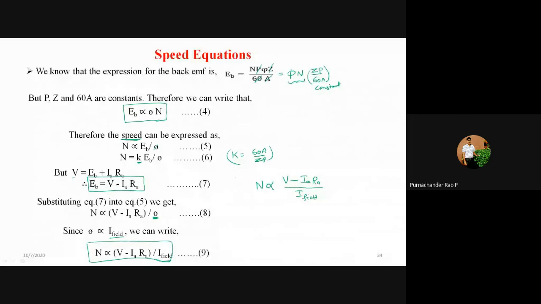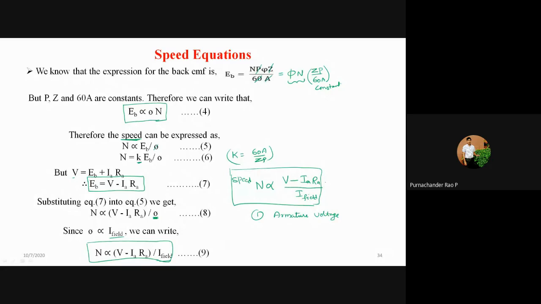If I want to control the speed, the first option is to control the armature voltage. If I vary the armature voltage, keeping all other parameters constant, you can control the speed.